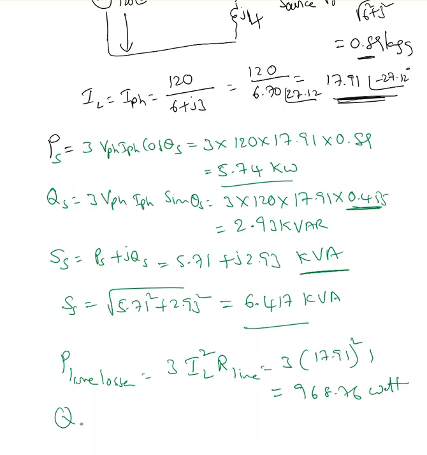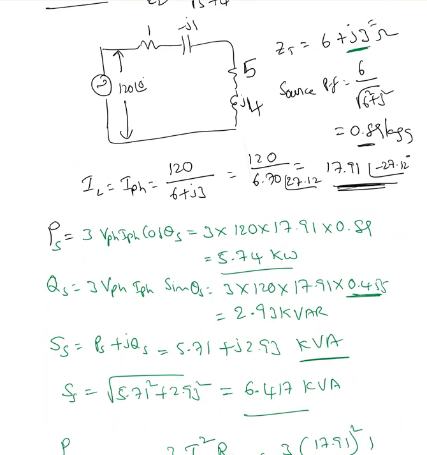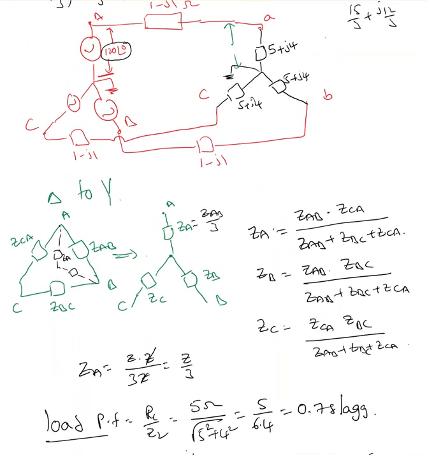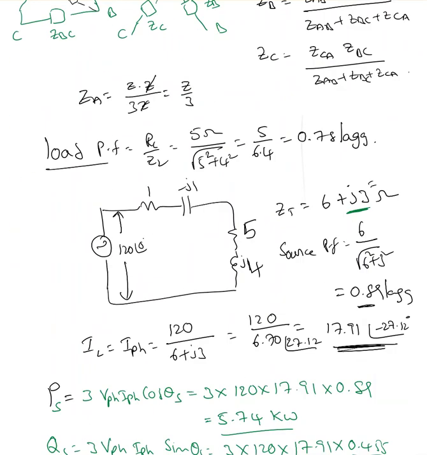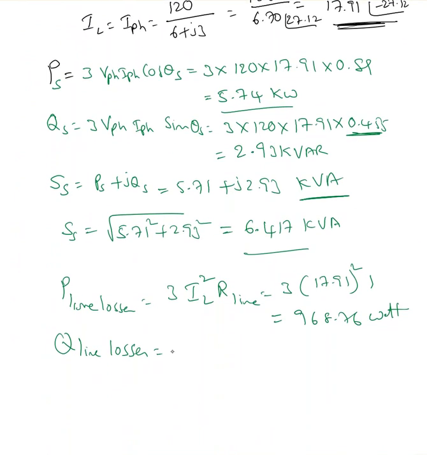And same thing with Q line losses. Why am I saying losses? Because whatever power we are supplying here and is consumed in this line, we are wasting it, so that's the reason we call it a loss. So Q loss is equal to 3 times IL squared X line, so it's going to be 968.76 VAR.